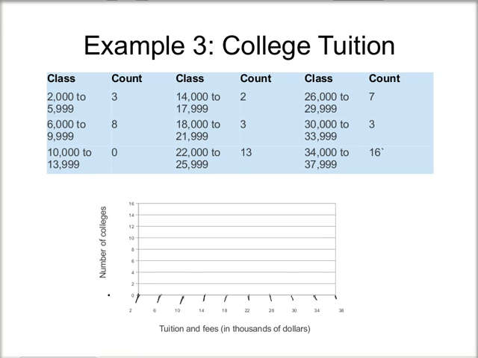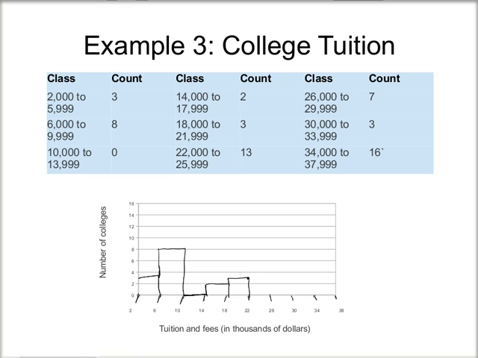My first interval has 3 schools, so I'll draw a bar of height 3. My second interval has 8 schools. My third interval has 0 schools, so I've just got a flat line here and no bar. My next interval has 2 schools, and then 3 schools.